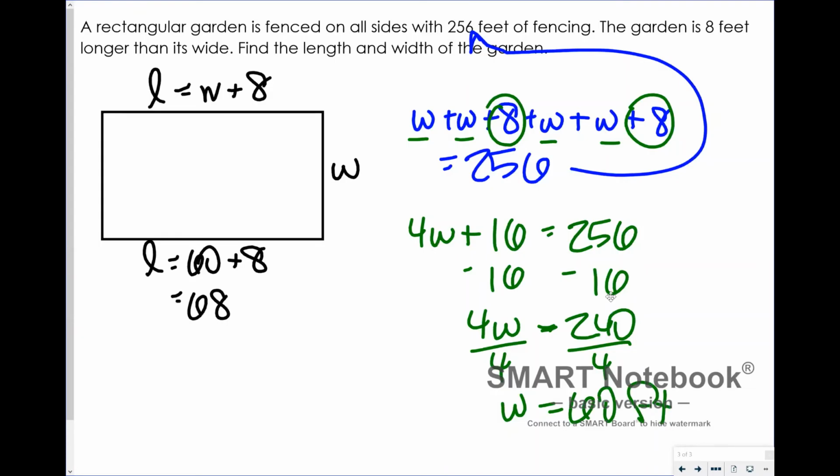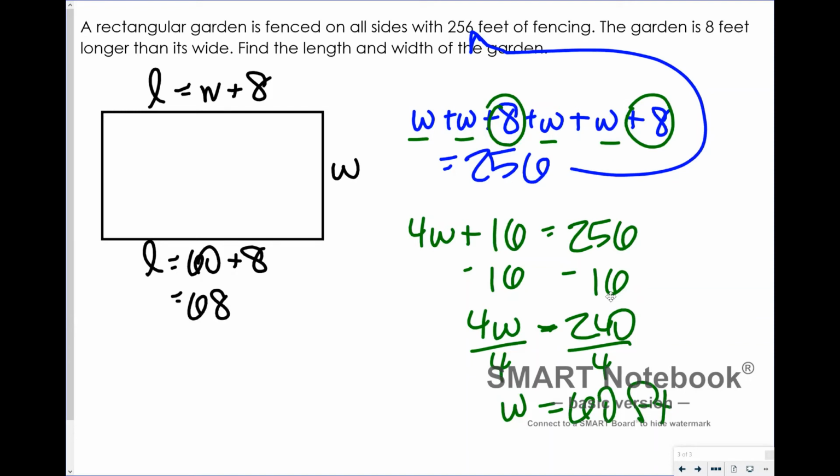A rectangular garden is fenced on all sides with 256 feet of fencing. The garden is 8 feet longer than it's wide. Find the length and width of the garden.